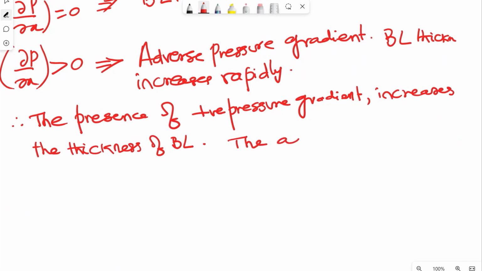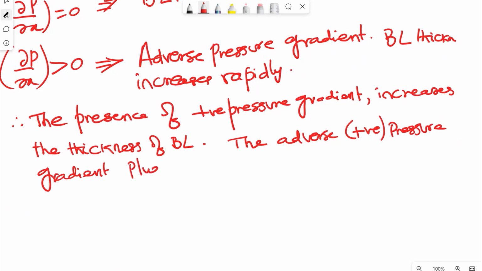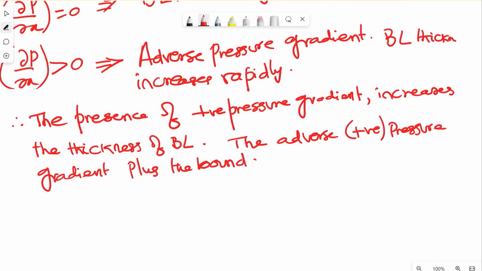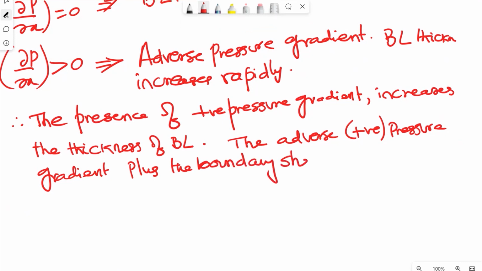Adverse or positive, both are the same. Adverse pressure gradient plus the boundary shear decreases the momentum of flow.